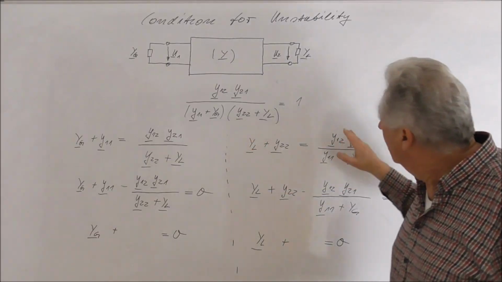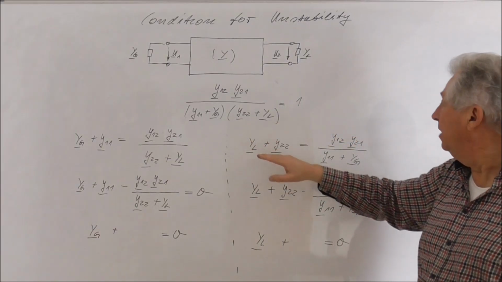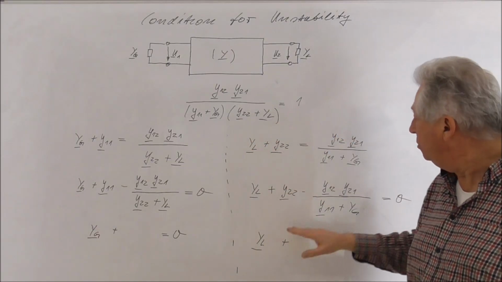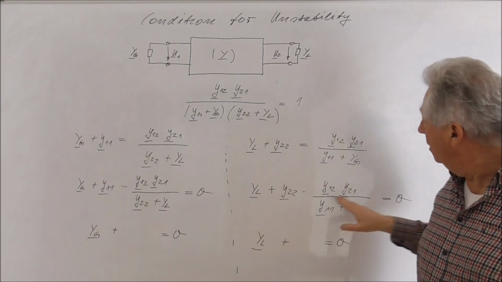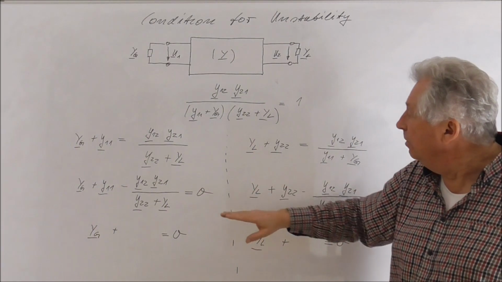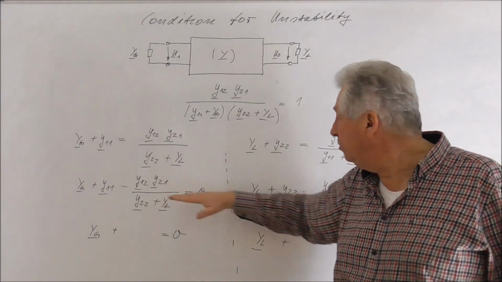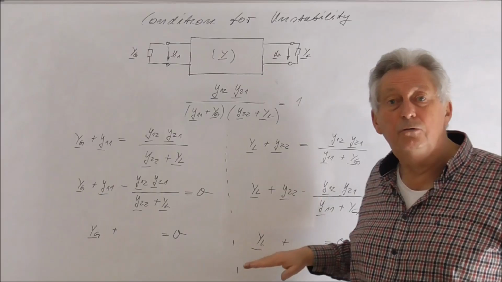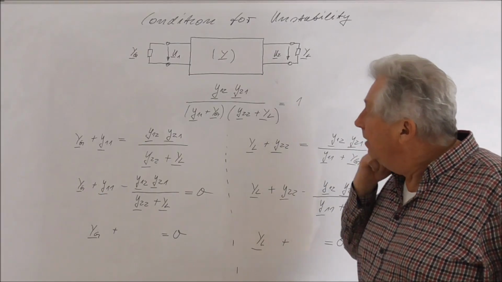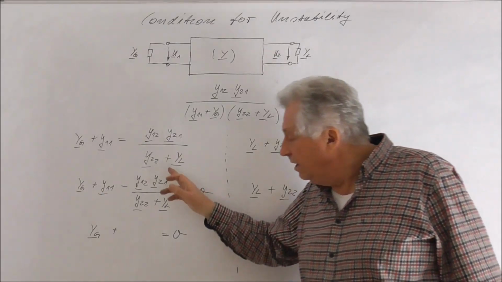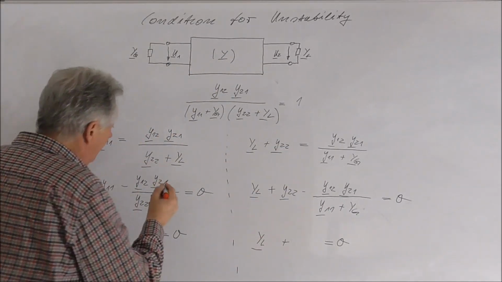And in the same sense, we can do the same with this part of the equation, and then we end up in a very similar equation. So if this equation holds true, also this equation and this equation hold true. And now the question is, what does this term mean here?